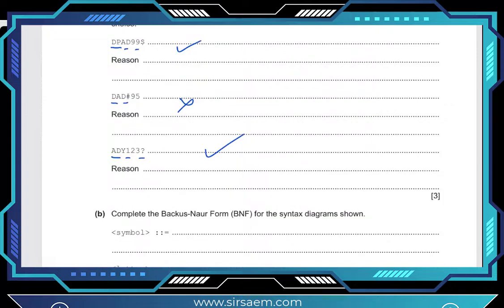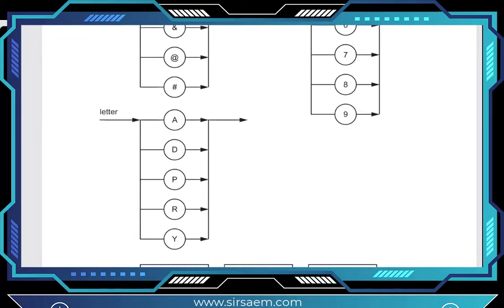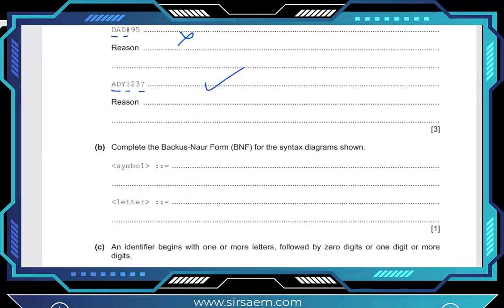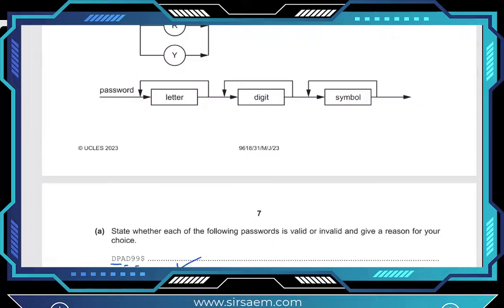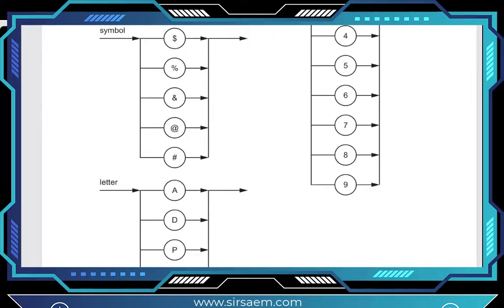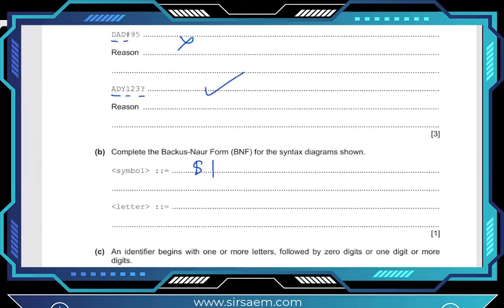So the symbol we have would be the following. We have dollar sign, or I hope I have it in front of me. In fact, let me open this up on my screen as well. So we have the following. What was it?